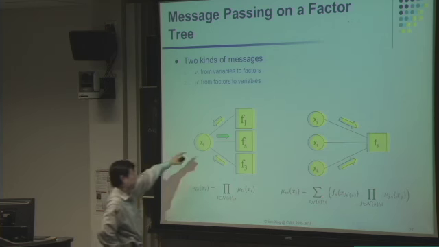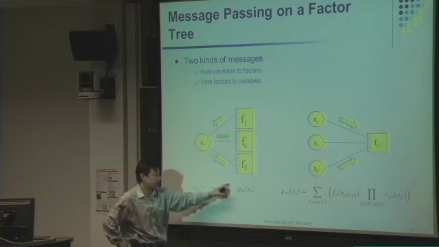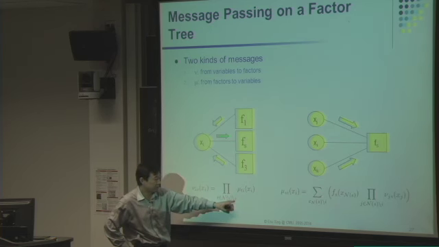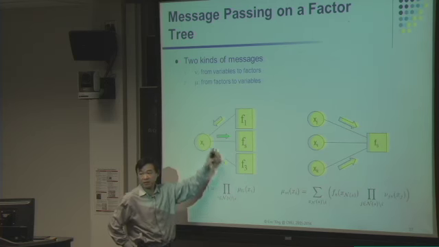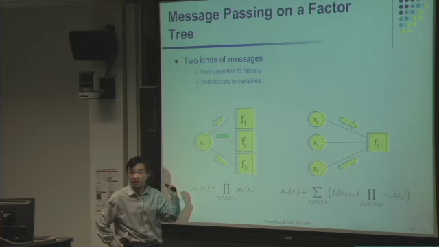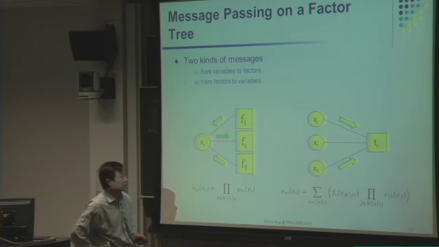The message from the variable node to the factors is defined by this, except a particular factor which is the receiver of this message. Clear about that?